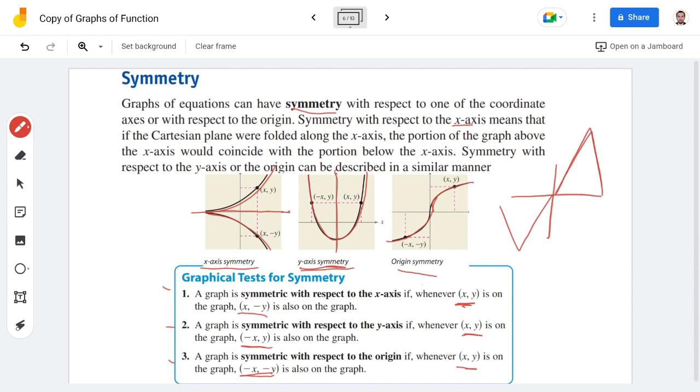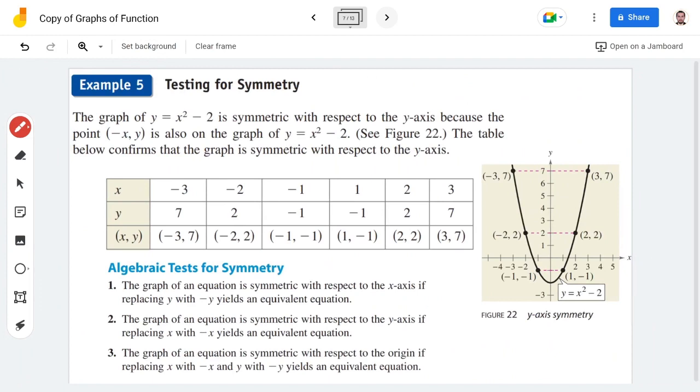So this is how we can identify symmetry algebraically. When we have a coordinate (x, y) and I give you a negative x, this is a symmetry over which axis? Y-axis. Thank you.